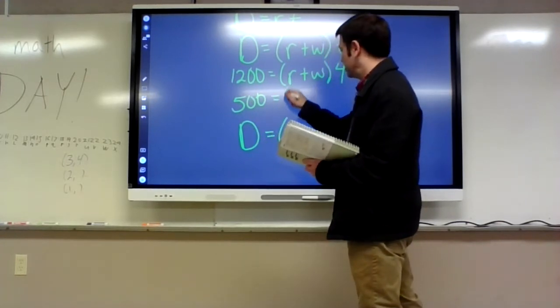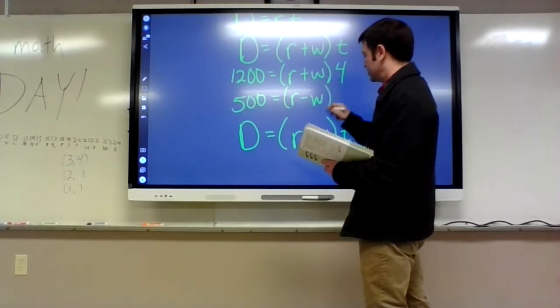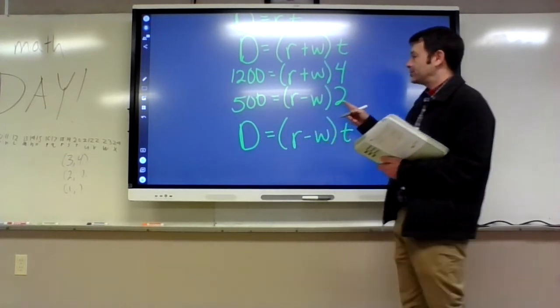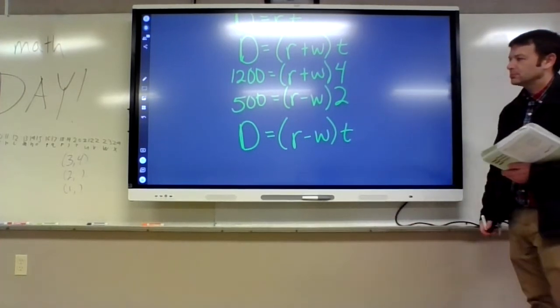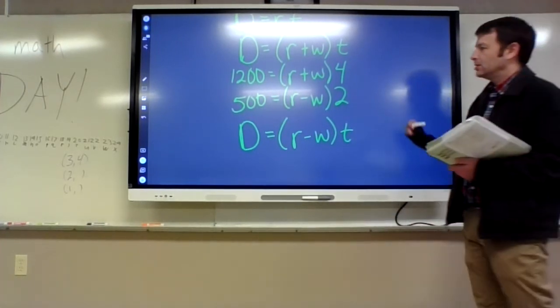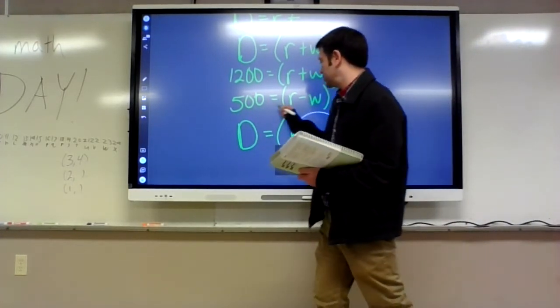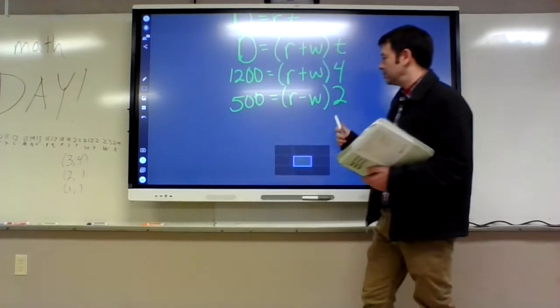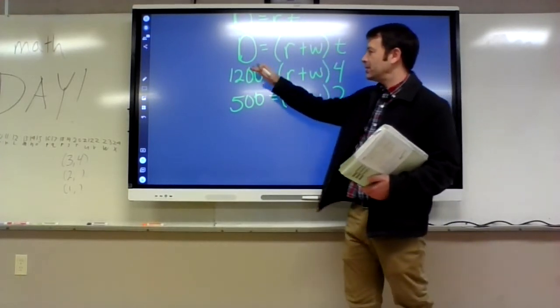I don't know what the rate of the plane or the wind speed was, but I do know the time was 2 hours. Okay, now I have a system of equations, these two together.